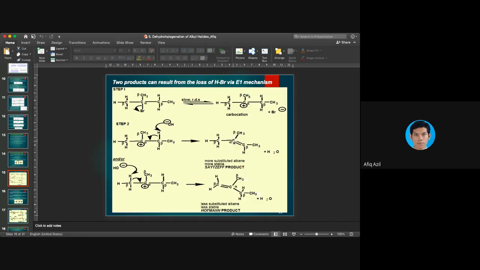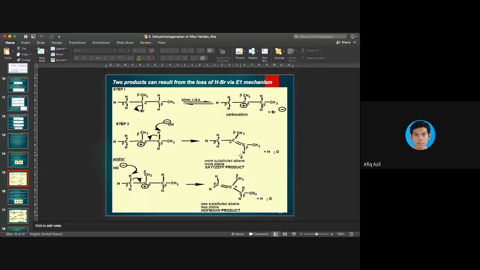For example, at this one, this carbon is bonded to one carbon, two carbon. Regardless of the length, this can be 10 carbons or 1 carbon, it will still be considered as 1. This is 1, this is 2, and at this position, this is considered to be 1 substituent.